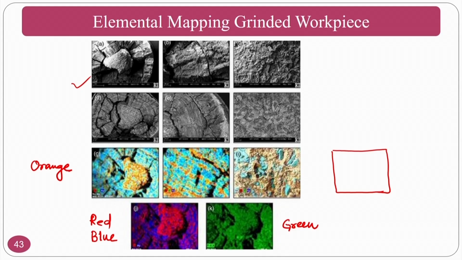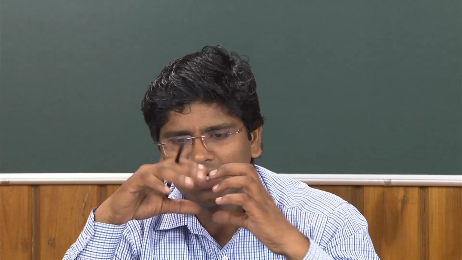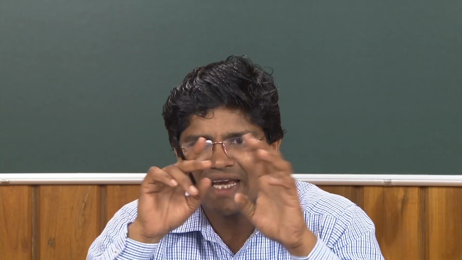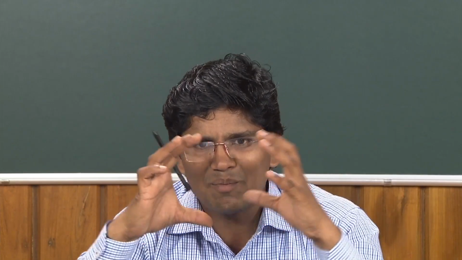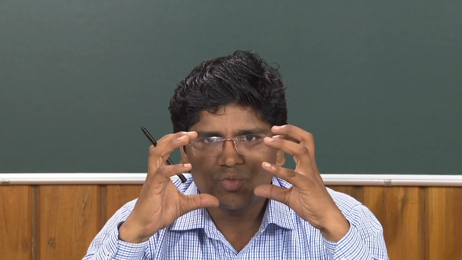B.Tech people, you may be slightly confused: elemental analysis will give you a quantitative value, but here it will give you the area where all the elements are there. Okay. It is called a map, you are mapping the element. Assume that I want to map iron, I can map it in one particular rectangle.